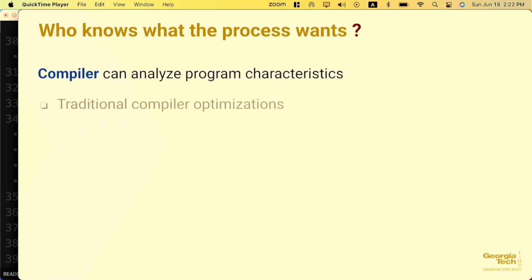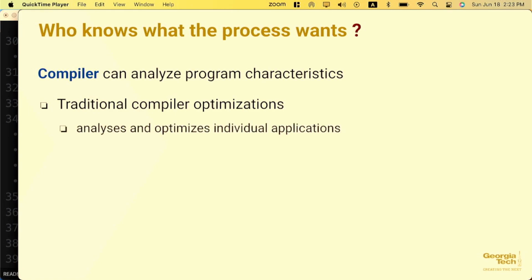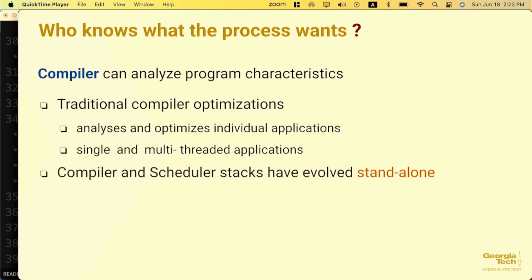Well, the compiler can analyze the requirements of the process statically. However, traditional compiler optimizations have been limited to optimizing individual applications. There has been tremendous progress in improving performance of single and multi-threaded applications. However, global compiler optimizations across applications are infeasible due to the ever-changing dynamic runtime environment and different phases of different applications in execution.